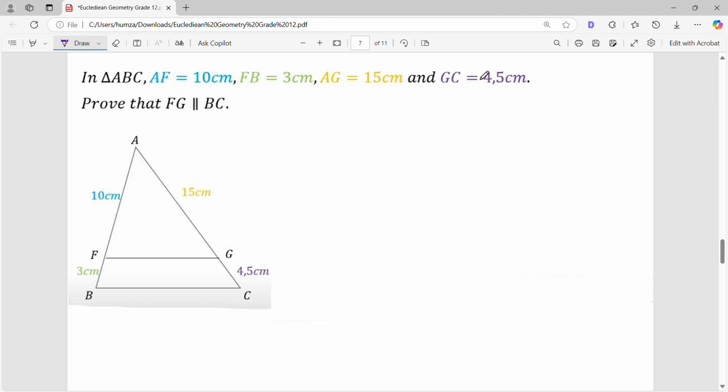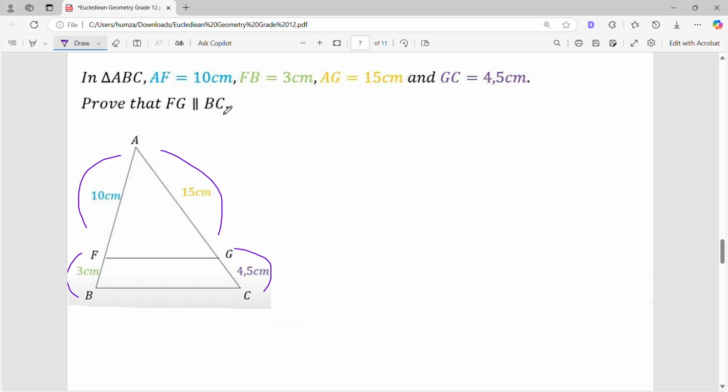Now we can say that this ratio AF over FB is equal to AG over GC. If we can prove that this ratio AF over FB is equal to AG over GC, then we can prove that FG is parallel to BC.